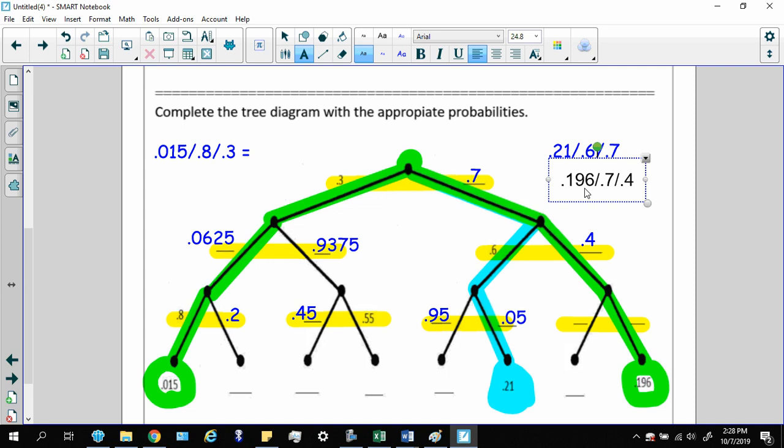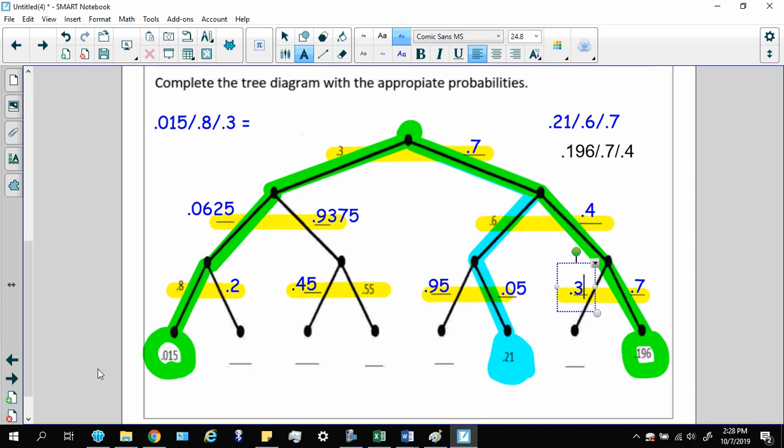So 0.196 divided by 0.7 divided by 0.4, press enter. All right. That's going to give me 0.7, and then this one's going to give me 0.3. And these bottom ones here, I'm going to let y'all figure it out. I want to keep everything going. I don't want to spend too much time on this.